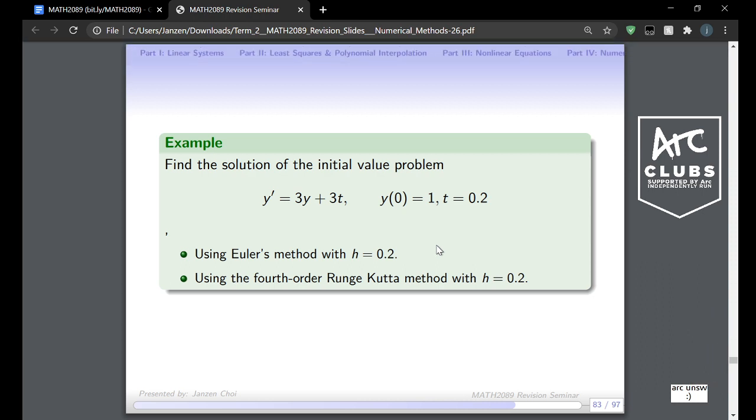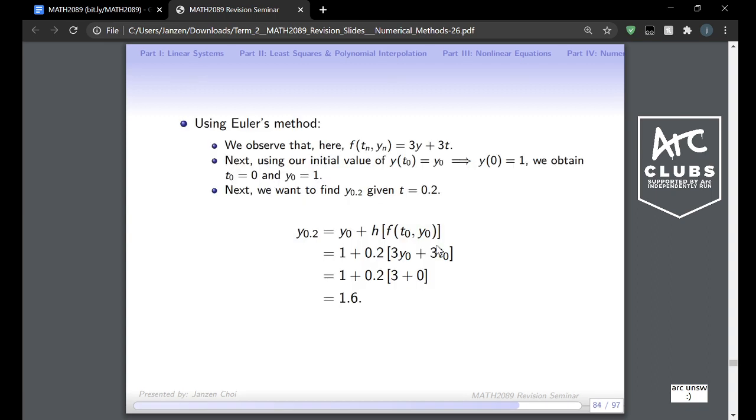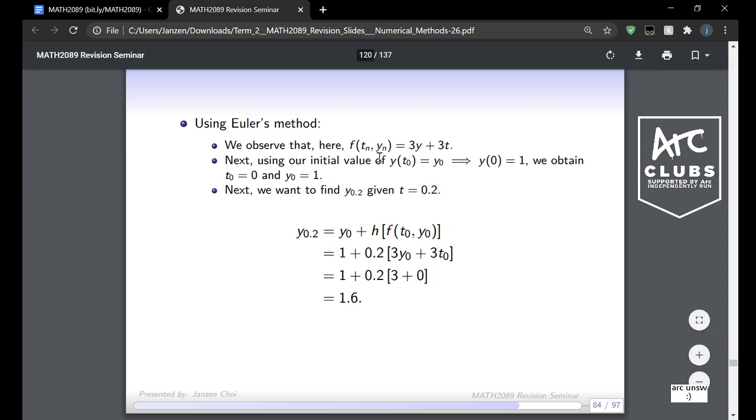Find the solution of the initial value problem using Euler method. So they give us this expression here. f is equal to 3y plus 3t. They also give us the initial values. So we can say that y0 is 1 and t0 is obviously 0.